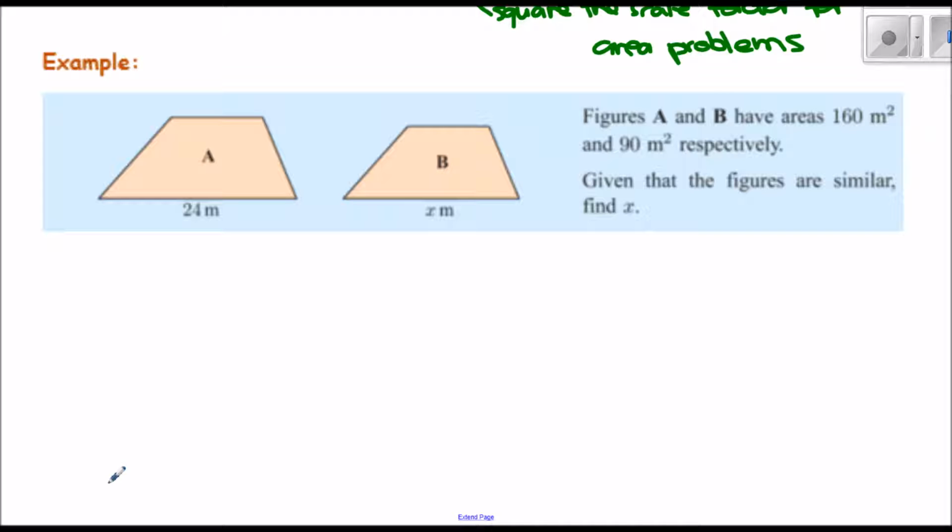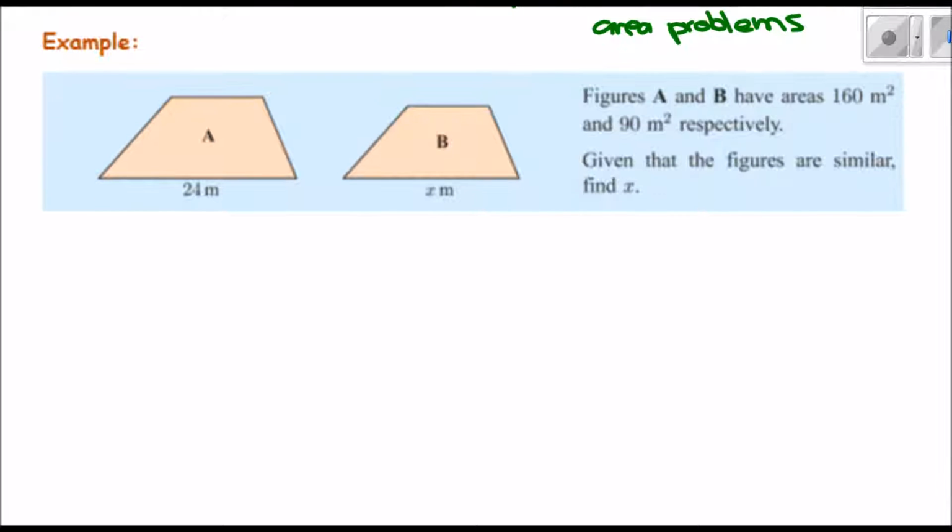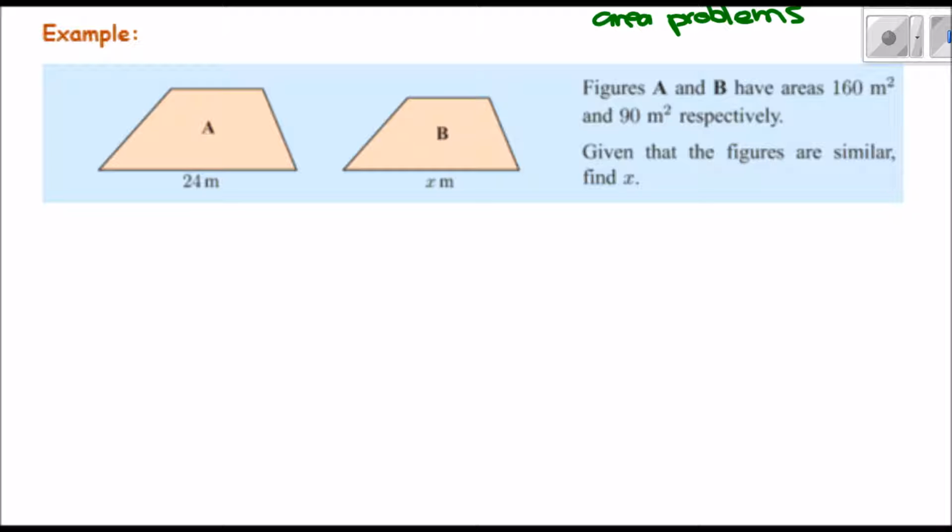So let's label a few things. I'll just give ourselves a bit more space. So remember, this is the original shape, and it has an area of 160 metres squared.